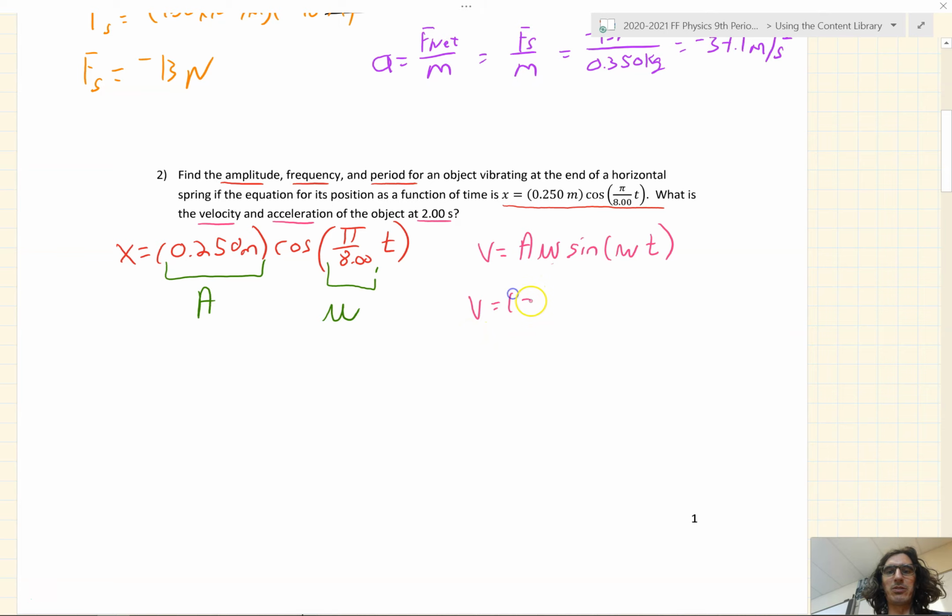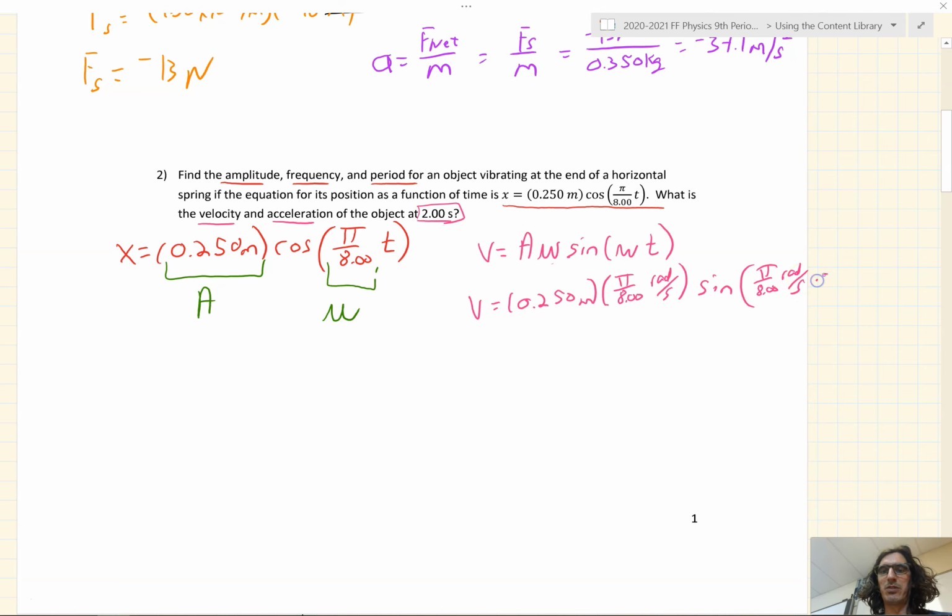v equals 0.250 meters times omega, let's just keep it at pi over 8, and the units are radians per second, times the sine of omega again, pi over 8 radians per second. And the time we're told is 2 seconds.